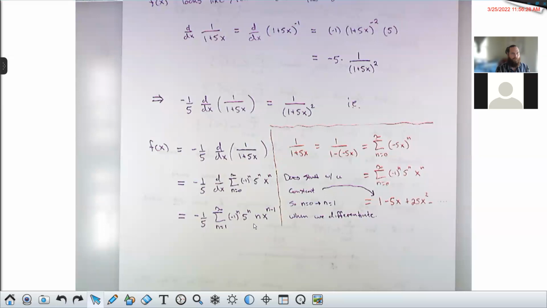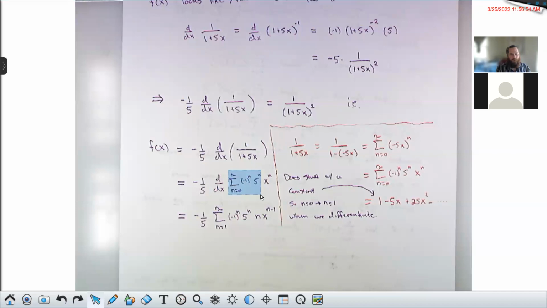Very good. So it was a DM, and I want everybody to hear this answer. The reason I don't have to differentiate this piece or this piece is because they don't have any x's in them. This derivative is d/dx. I'm taking the derivative with respect to the variable x. So this operator, d/dx, sees all this stuff as constant multiples.